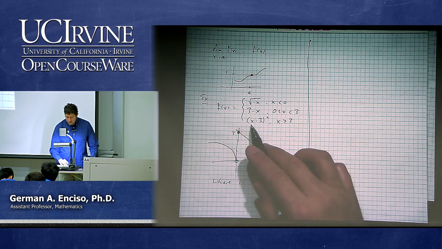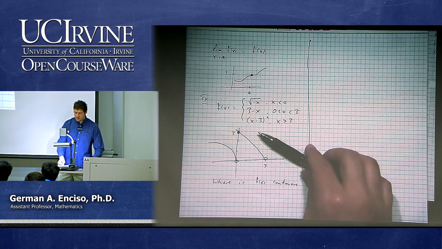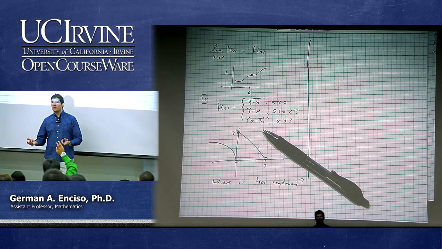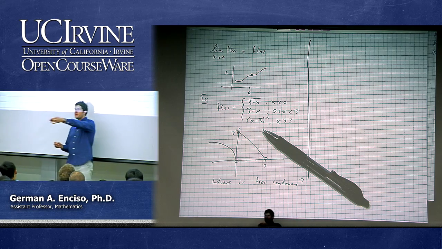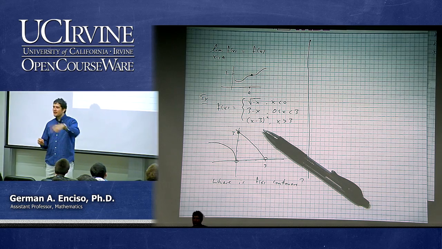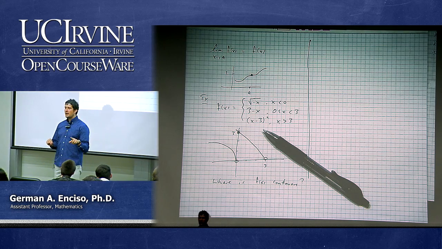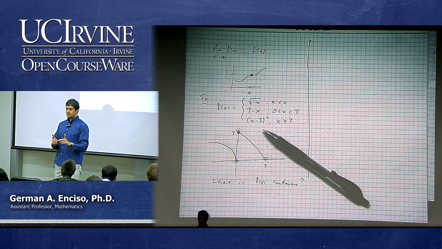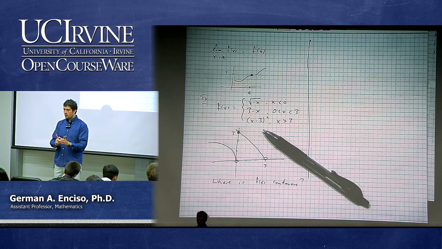Okay, what about x minus 3 squared? Let's think about the function x minus 3 squared. Can anybody tell me what the function looks like? Compared with the function x squared, for example. Yes, ma'am. It looks like the function x squared. Okay, but more exactly. Okay, good.